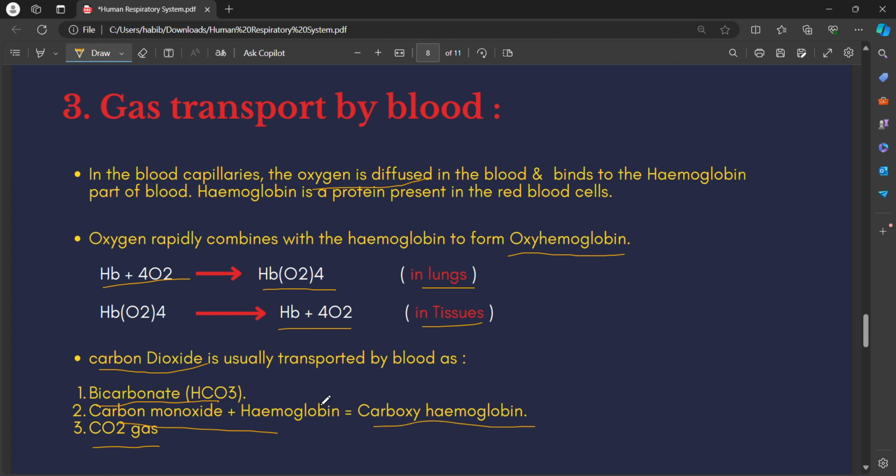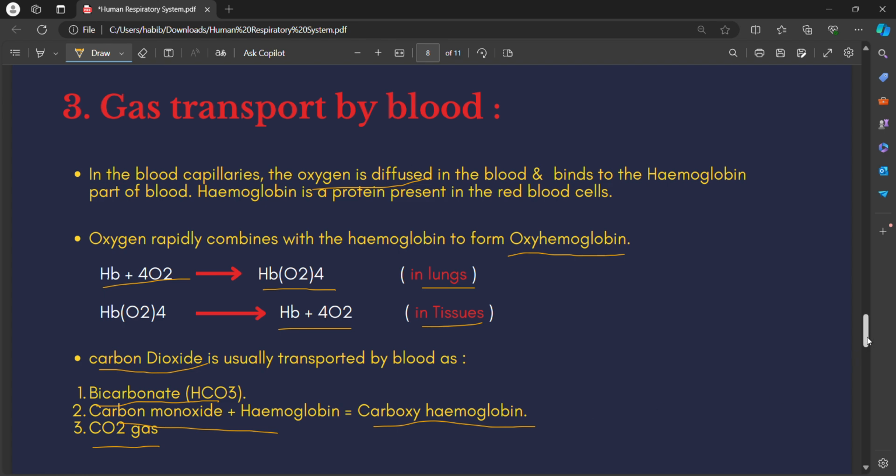And in these three forms the carbon dioxide will be released from the body through the lung region, and thereby again, when this carboxyhemoglobin reaches the lungs level, it will be dissociating and thereby released as a gas outside the body, right?